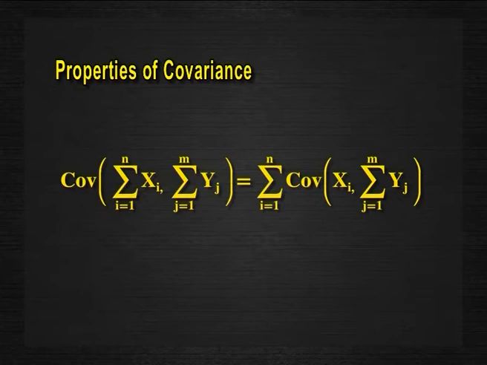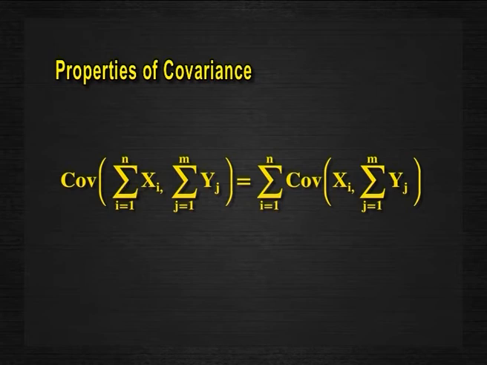Now, consider the left hand side. Covariance of summation over i is equal to 1 to n X_i and summation over j is equal to 1 to m Y_j, which is equal to summation over i is equal to 1 to n covariance of X_i and summation over j is equal to 1 to m Y_j from 1.